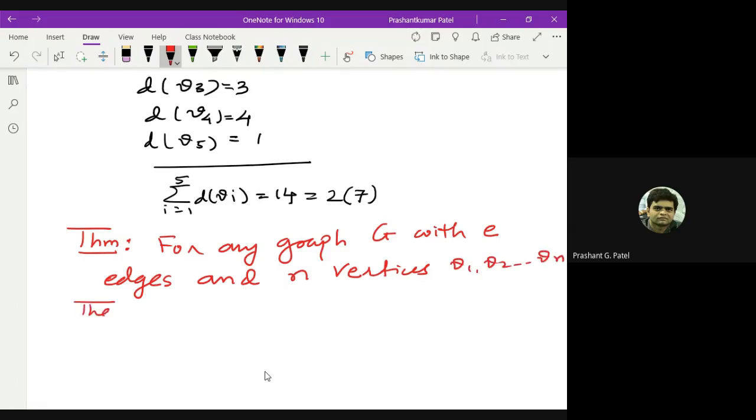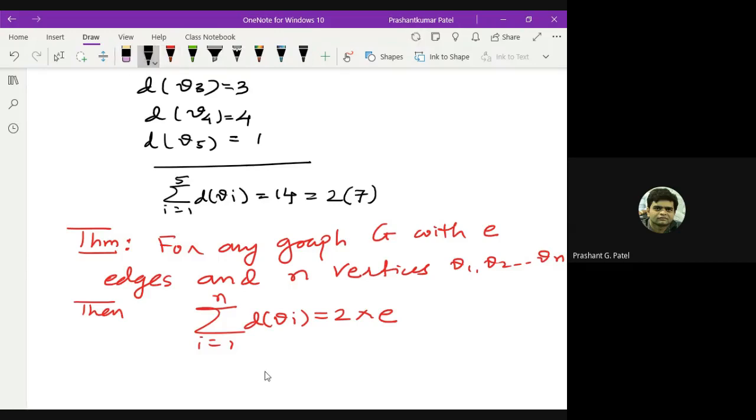Then what we can say is summation of i running from 1 to N, d of Vi is 2 times E, where E is the number of edges, and this is true for any graph G.